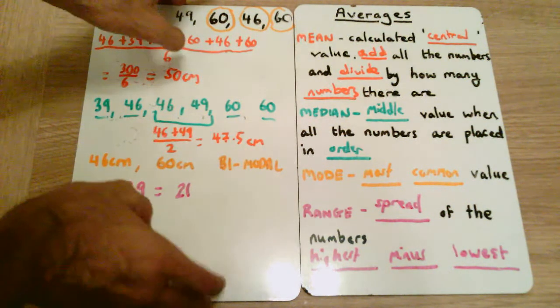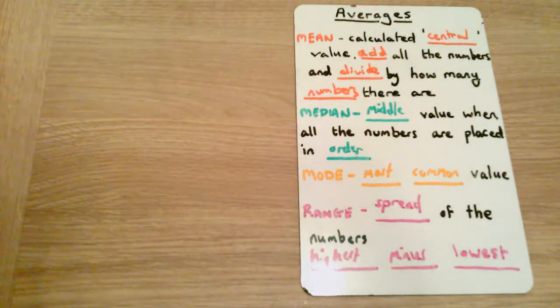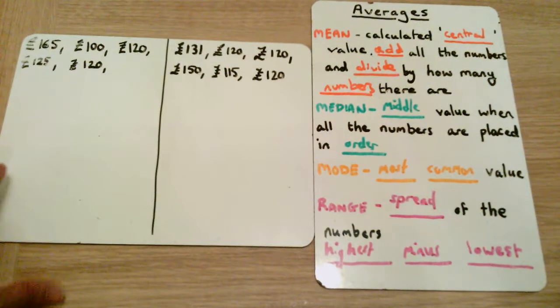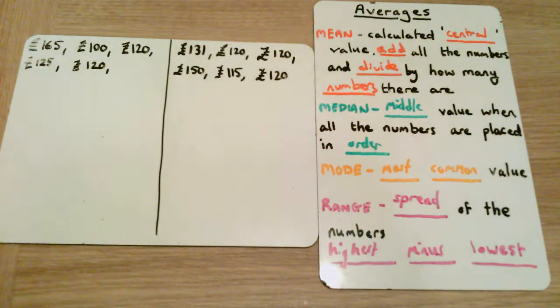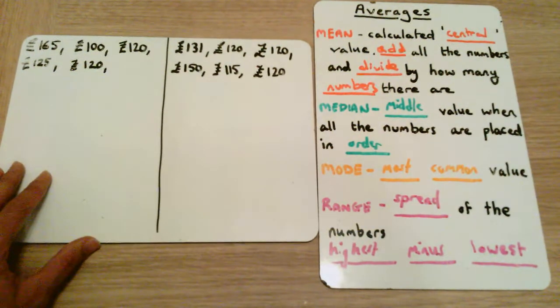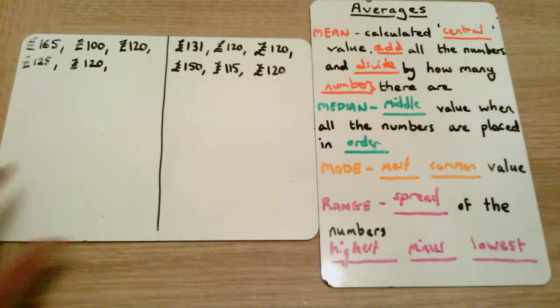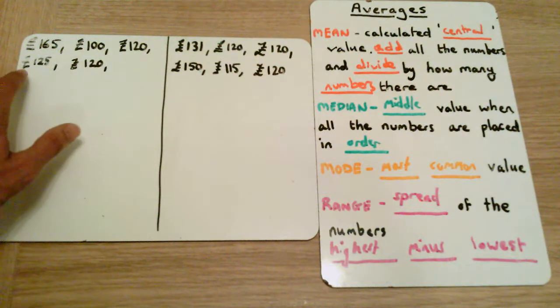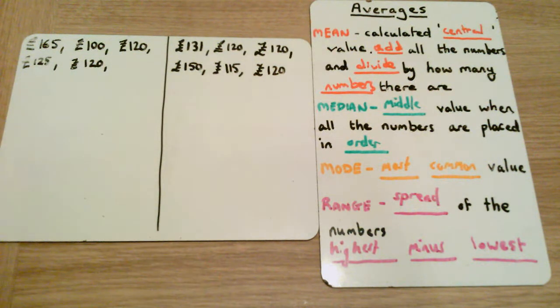What we're going to do is I've got 2 companies and they both pay their staff different amounts of money. And we're going to work out the averages for each company. Now, on the left-hand side, I've got 5 people that have earned money at this company, and they've earned £165, £100, £120, £125, and £120. Now, if we were to work out the mean for those people, we would simply have to add up their values.